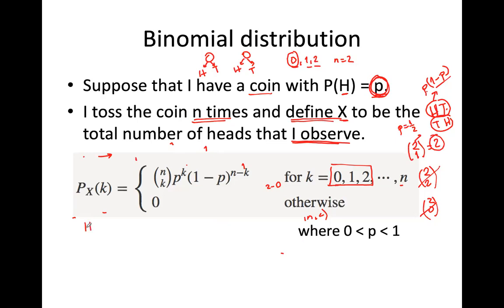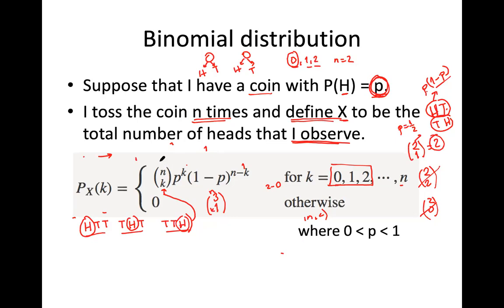So I might have heads, tails, tails; tails, heads, tails; tails, tails, heads. I have 3 different options, right? How do I reflect these 3 options? By writing 3 choose 1. Out of 3 flips, 1 of them will be heads. What are the possible outcomes? Obtaining heads as the first one, second one, or third one.